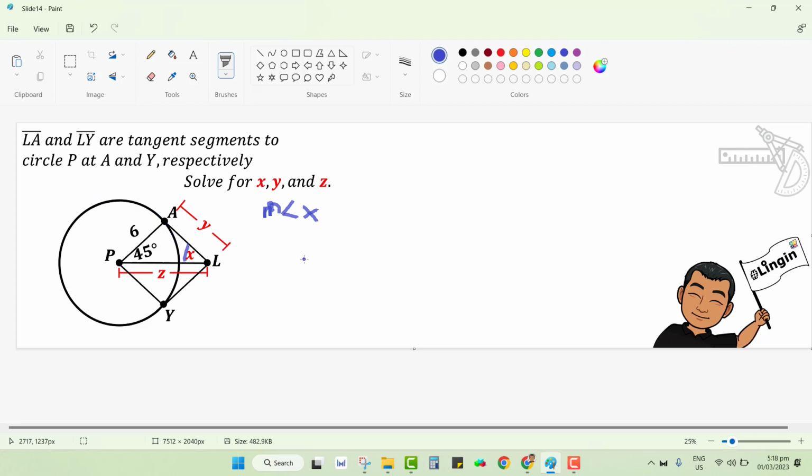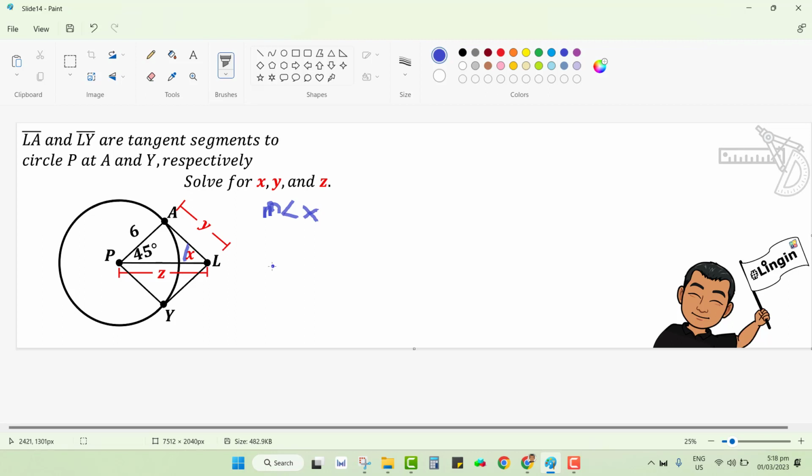What we could use here is the triangle formed by radius PA or AP, the tangent segment AL or LA, and that remaining segment connecting the center and the exterior point. We know by the triangle angle sum theorem that the sum of the interior angles of any triangle is 180 degrees. So we can anchor on that.